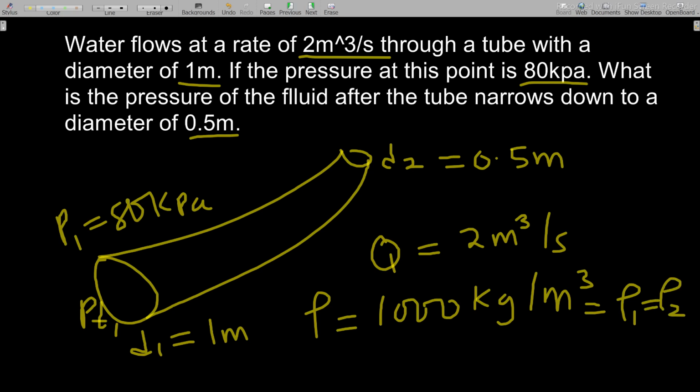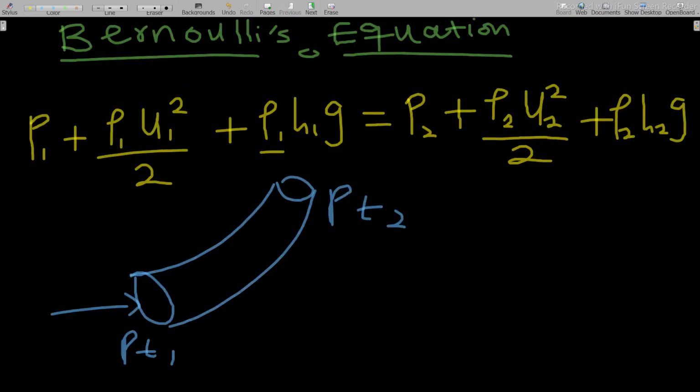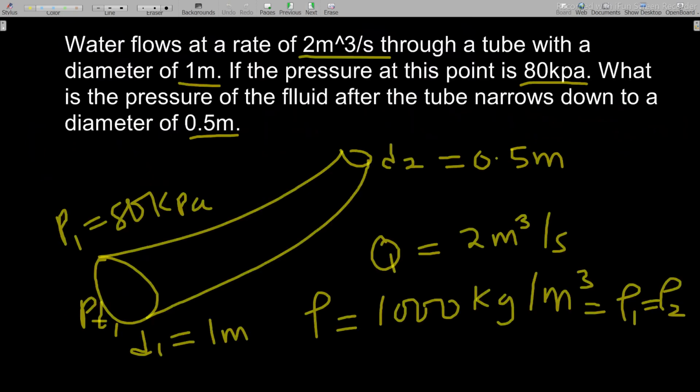We are left with our height. If you check the formula, rho1 and rho2 we've been given as the density of water. We know P1, the pressure, is 80 kilopascal, but we don't know u1, and we don't know h1 as well. Since the question does not talk about h1, we assume that it is level, meaning the height does not change. It flows through the same height, so h1 is equal to h2.